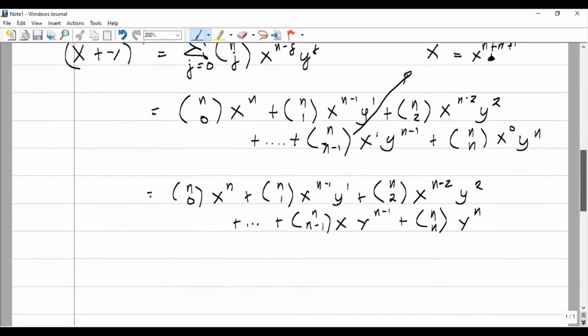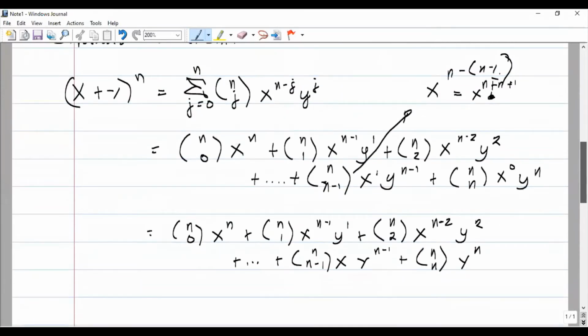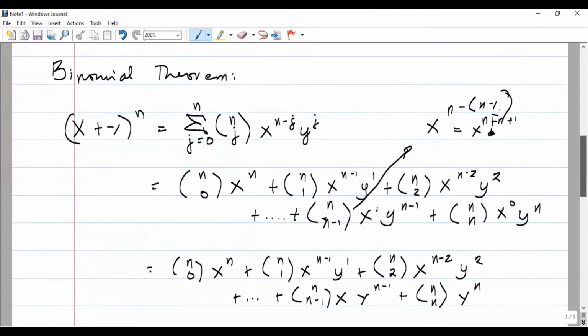So that is the expanded form of our n power of x plus y.